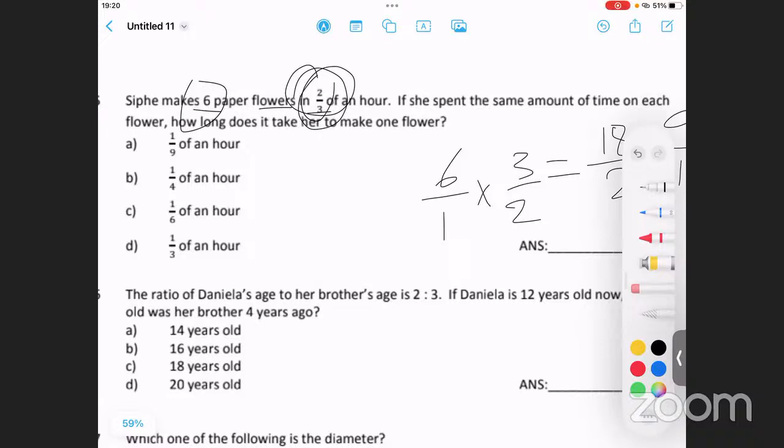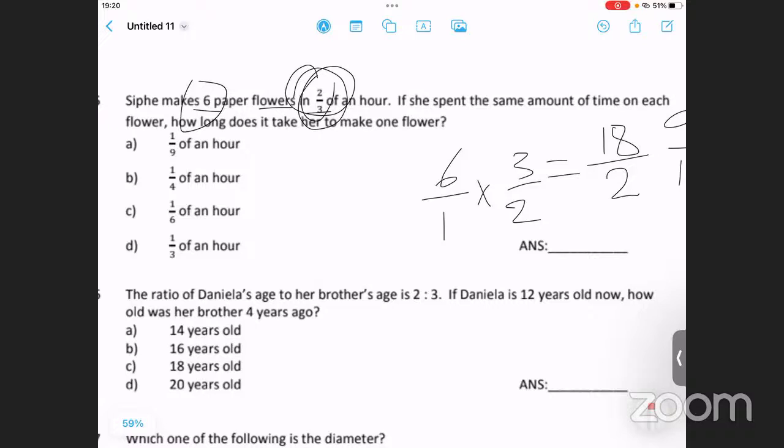So they're asking if she spent the same amount, let's say she spent 10 minutes, they want to know how many 10 minutes there are. So if 2/3 of an hour is 10 minutes, it's 10 minutes times 6, which is 60, right? But here we don't know because we didn't calculate for it.